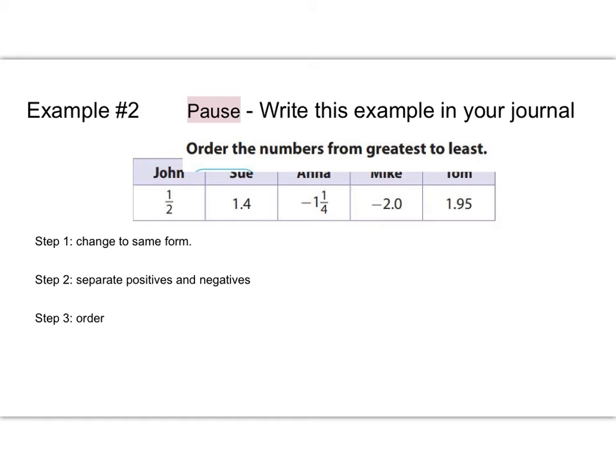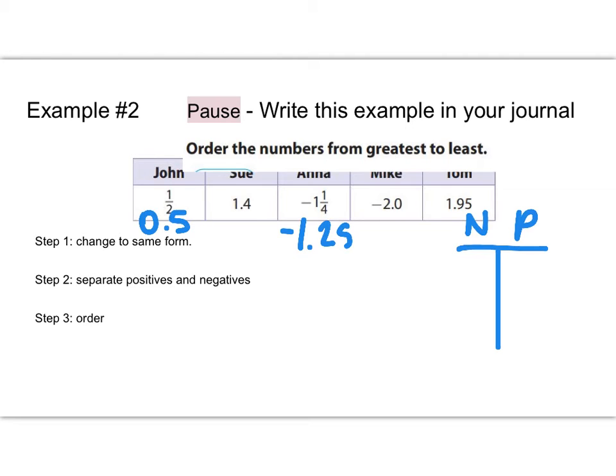Because if I change them into decimals, 1/2 is a benchmark decimal, so I know that is 5/10. 1 4/10 is good to go. Negative 1 1/4 is a benchmark fraction. That's 25 hundredths. And then the other two numbers are okay. So I'm going to separate them, negatives and positives.